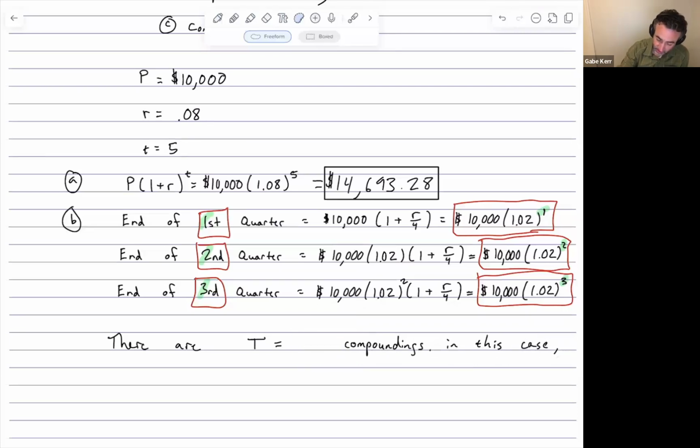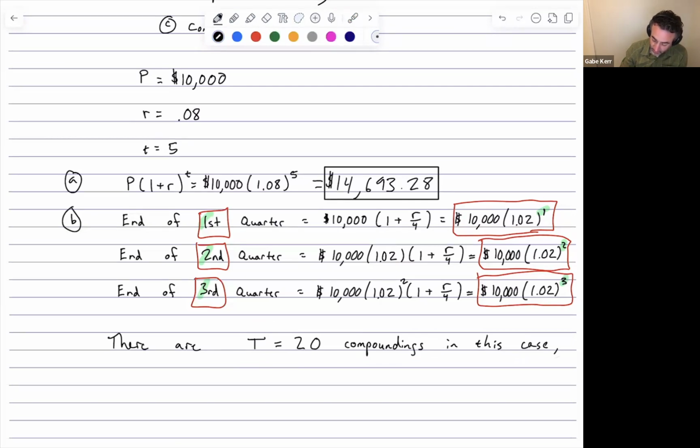Well, there are 5 years and 4 compoundings per year, so that's 20 compoundings in this case. I'm writing this letter T here because it will appear in our formula, and it's the number of compoundings for our situation.